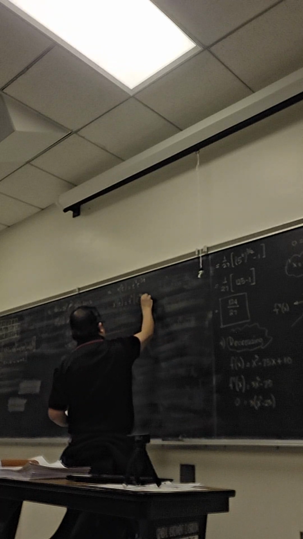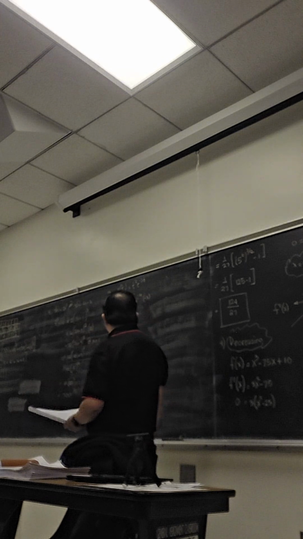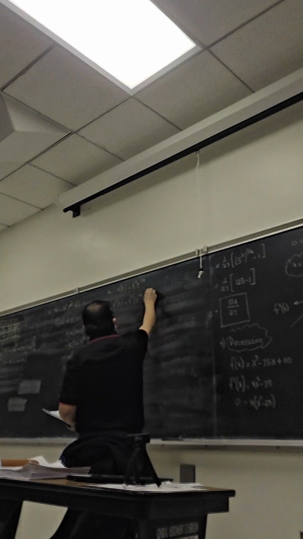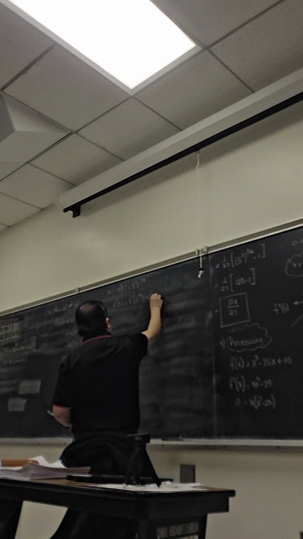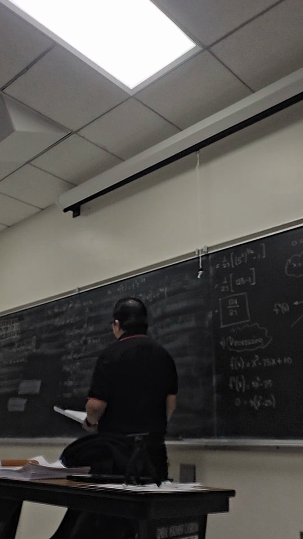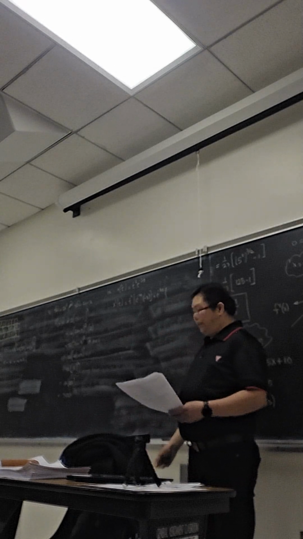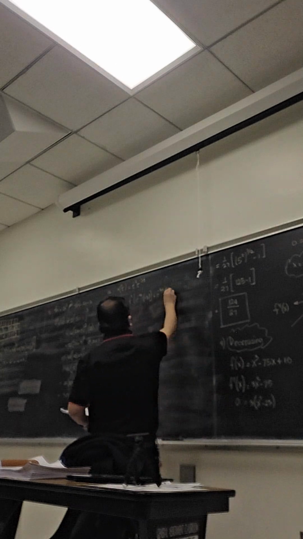It's going to be negative 3. So the first times the derivative of the second plus the second, which is e to the power of negative 3t, times the derivative of the first, which is 2t, right? Okay, 2t.